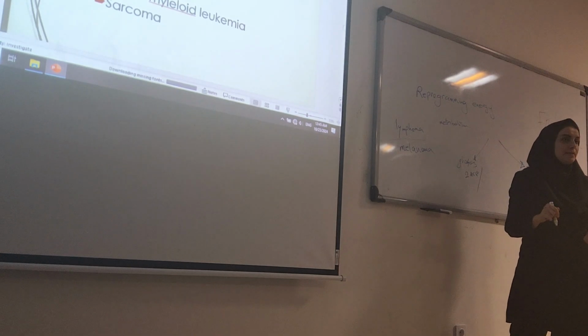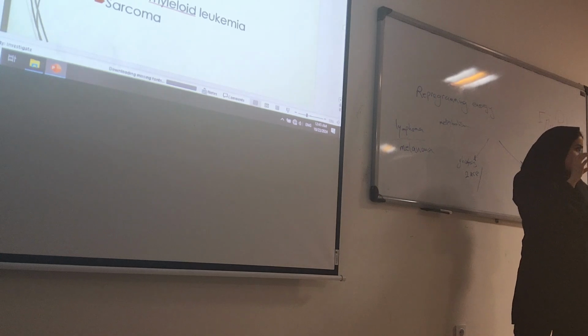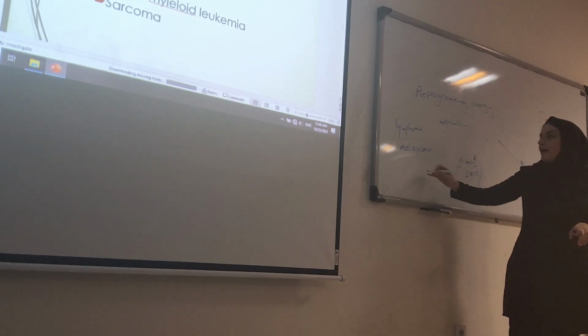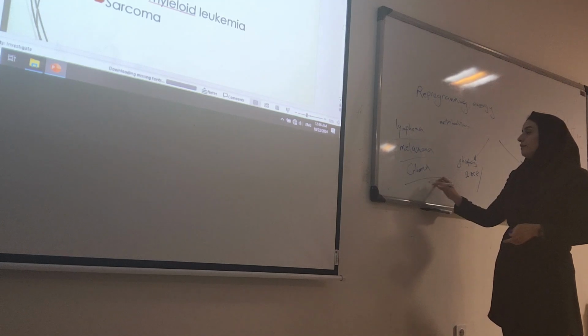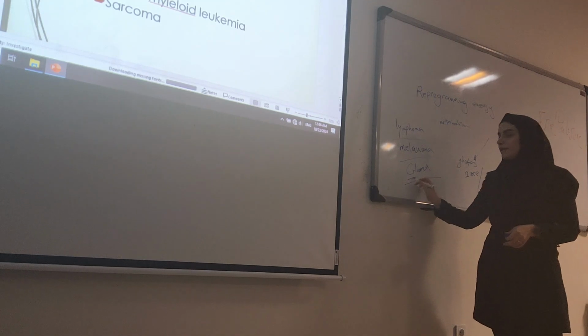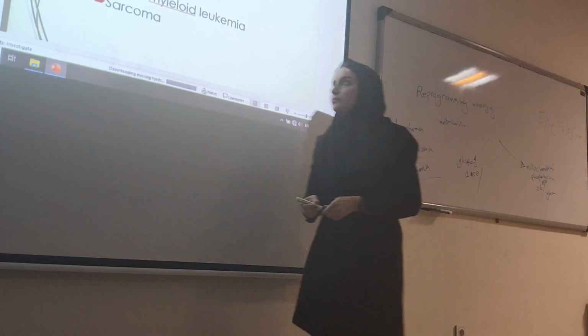The malignancy of melanocytes that are pigmented skin tumors like nevus, but very large and nodular and irregular. And the other one, as we said here, is glioma. This is a malignant tumor of glial tissue.